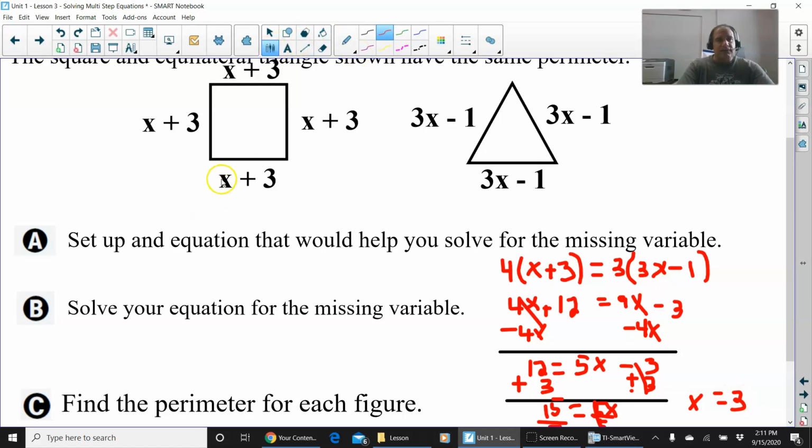So we're going to take 3 and we're going to put it in here. 3 plus 3. So this side is 6. And since the sides of a square are all 6, the perimeter of the square is 24.